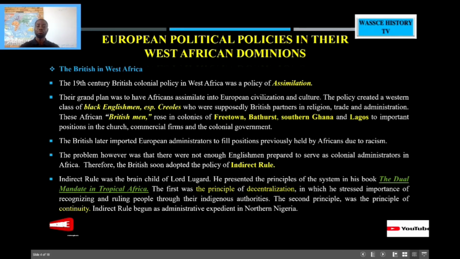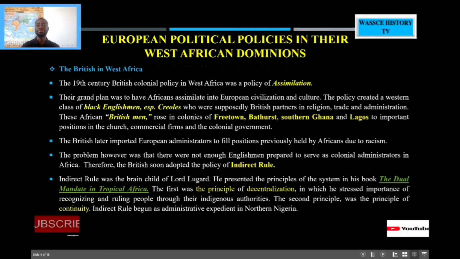Again, the second principle was that of continuity, whereby we should not destroy what is already established, because they realized that the African had a well-planned, structured political administration which was already in place, and so they did not want to destroy that.